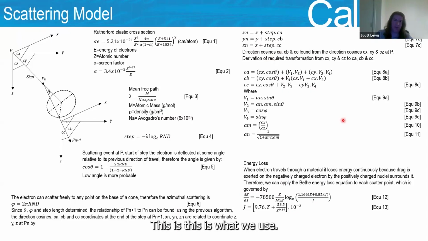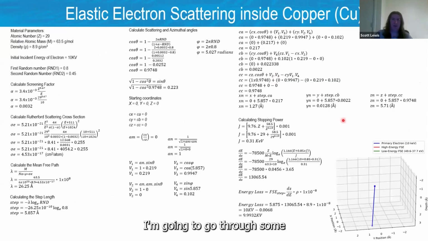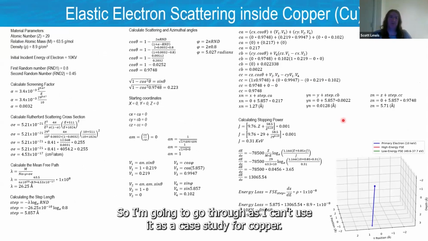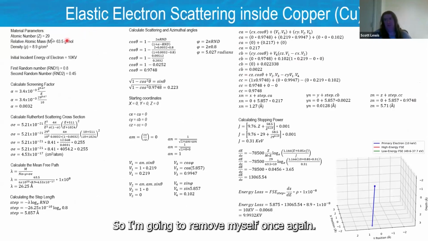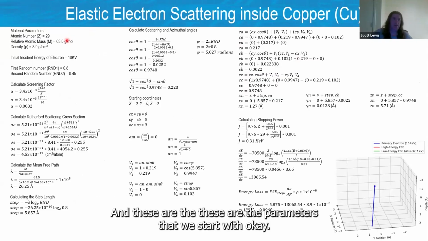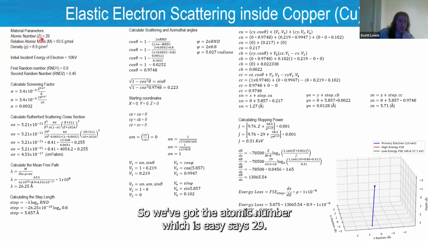This is what we use, and I'm going to go through an example. This is like a case study for us. I'm going to use it as a case study for copper. I'm going to move myself once again, and these are the parameters that we start with. We've got the atomic number, which is easy, so it's 29.